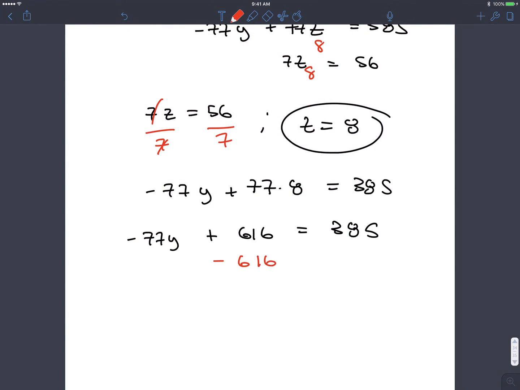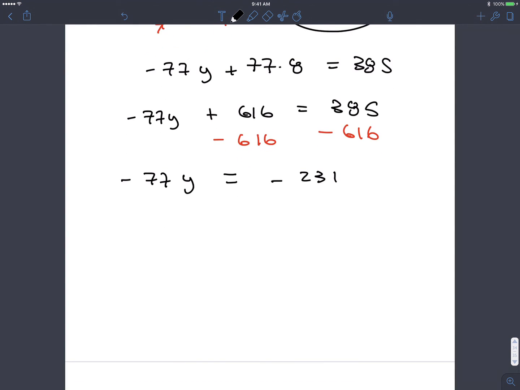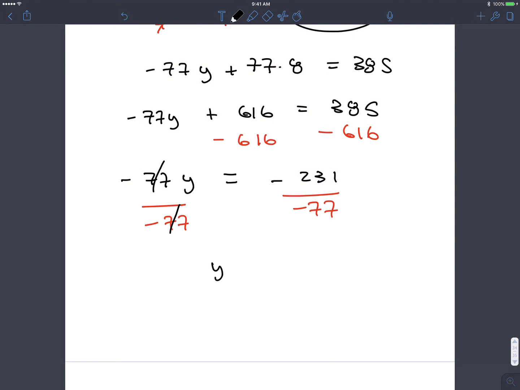We're going to solve this for y. Subtract our 616 from both sides. You get negative 77y is negative 231. So if I divide now both sides by the negative 77, we get y is positive 3.